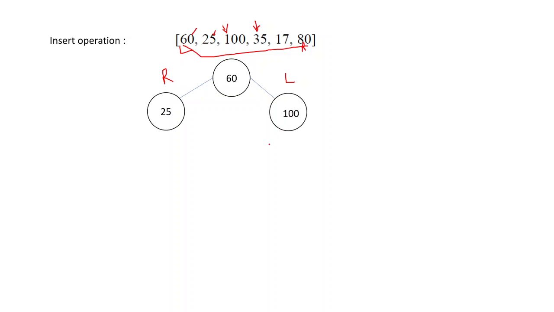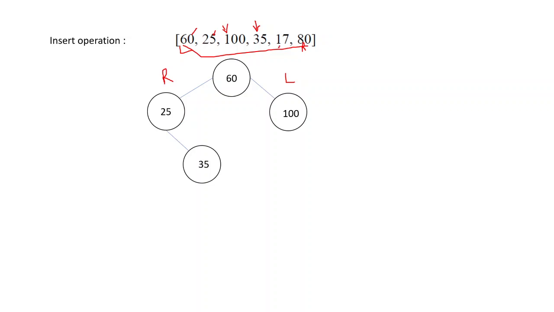In this case, the other property needs to be remembered, that the left subtree will contain values less than the root. So if you consider 35 with 60, you know immediately that 35 is to be placed under 25 or as a part of the left subtree. So it gets placed under 25 as its right child.